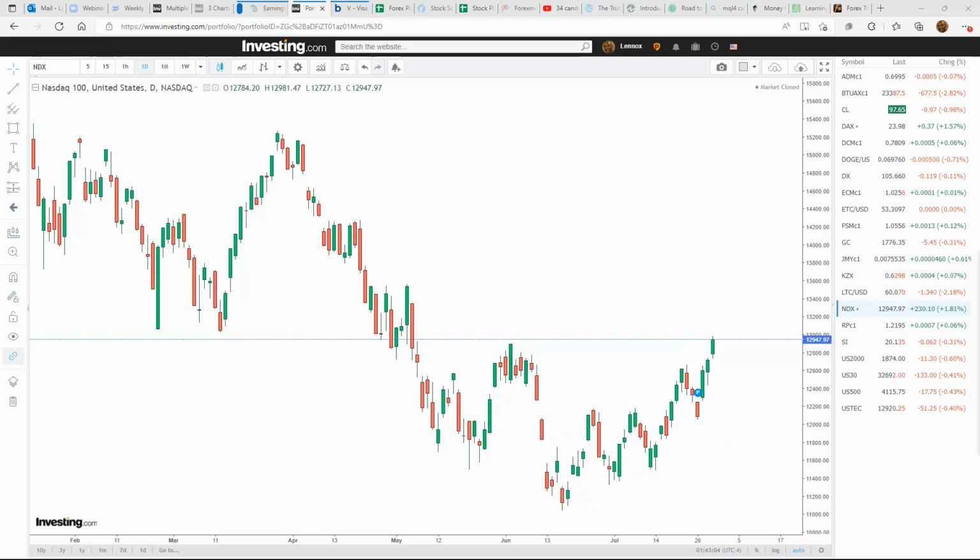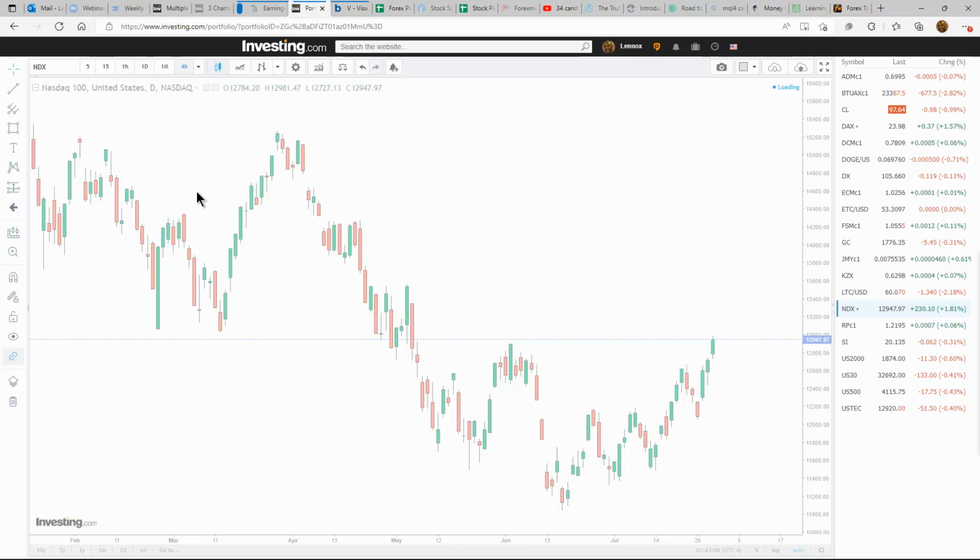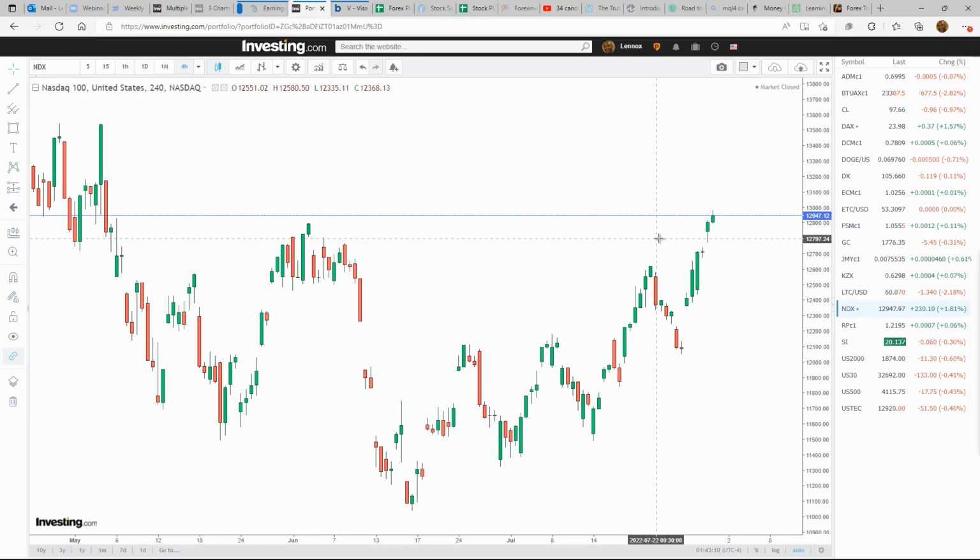And I'm just going to drop down to one more time frame, take a look at it on the 4-hour. Okay, and you can see that we are very much extended in this move to the upside. So this might be over, and we could be having some weakness coming into this week for the NASDAQ. So that would hold for the other indices.